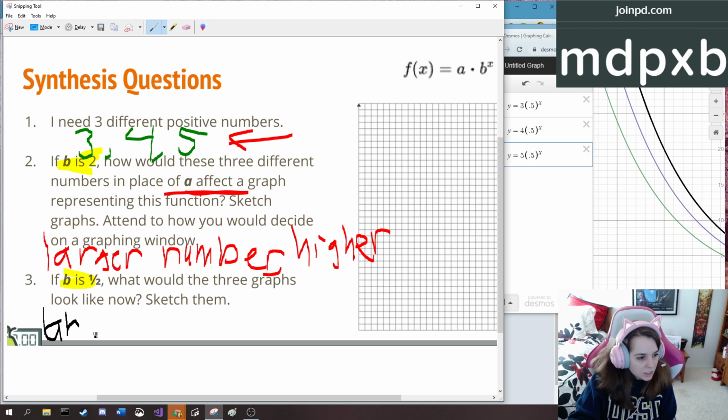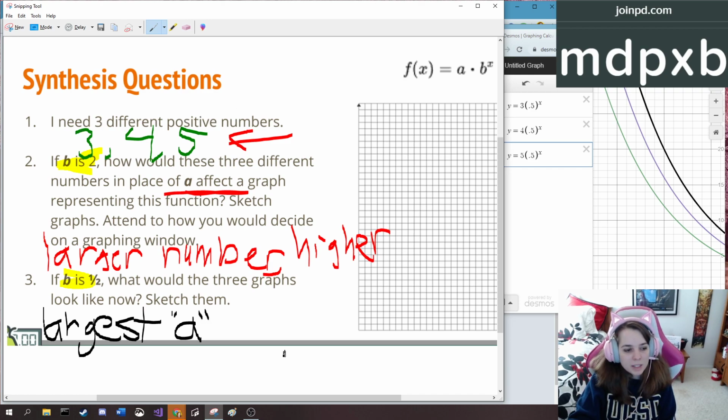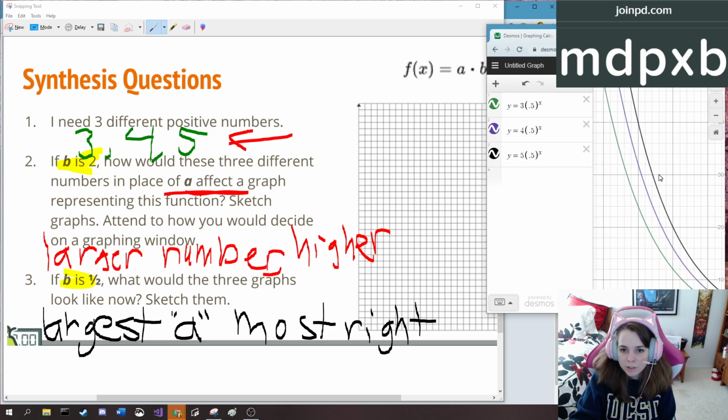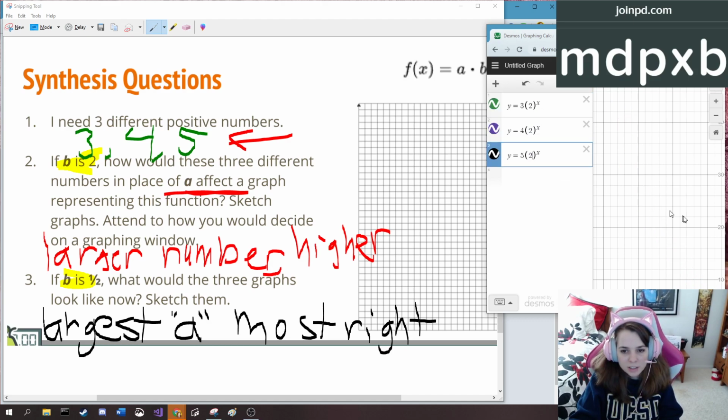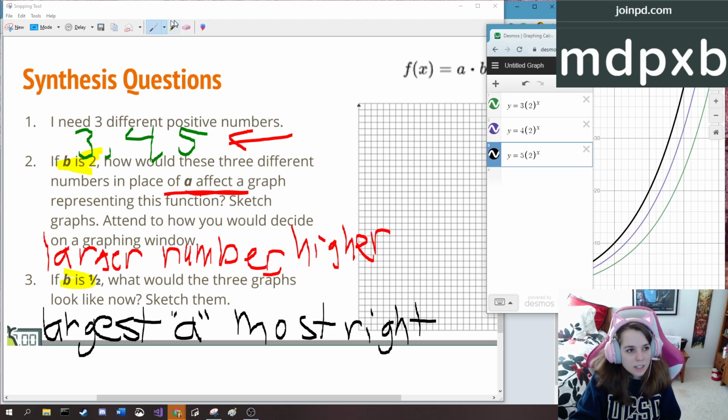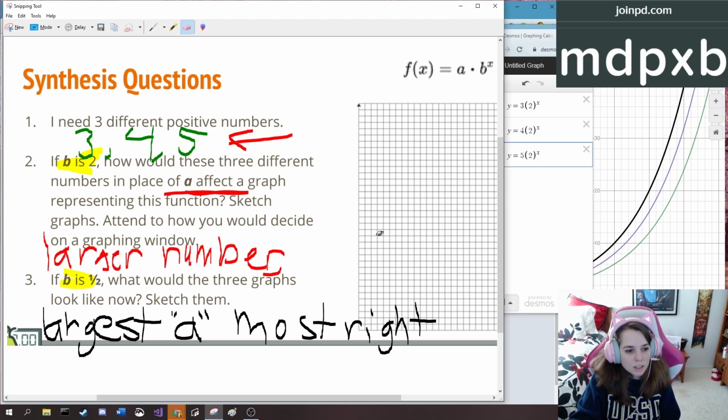The largest A, which is these numbers that we picked here, is going to be most right. As we can see here, the one with a 5 is the furthest to the right. The one with the 3 is the furthest to the left. And if we go back to when our rate was not a fraction, not a decimal, it looked like the largest number was most left.